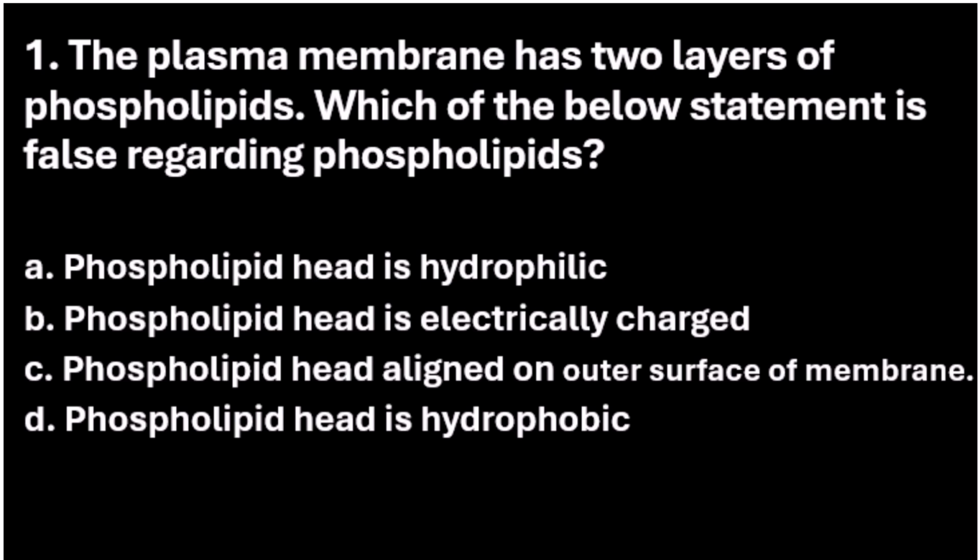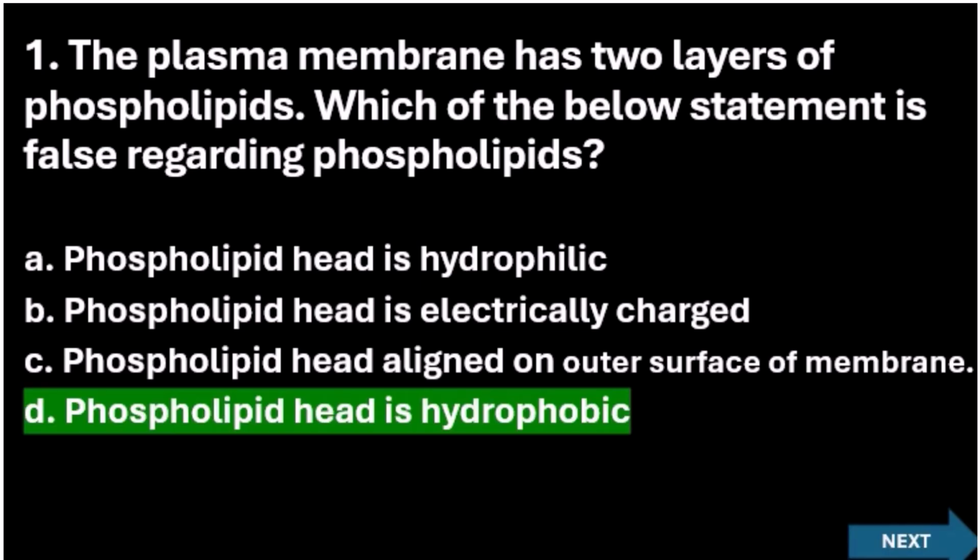Let us see the right answer. The right answer is phospholipid head is hydrophobic. Option D is the false statement. All other three options, option A, option B, option C are true statements regarding phospholipids.